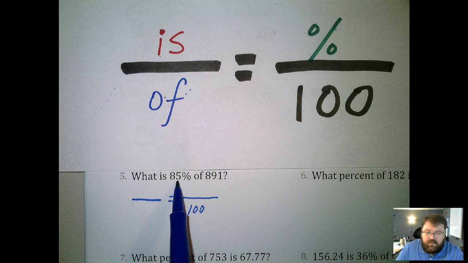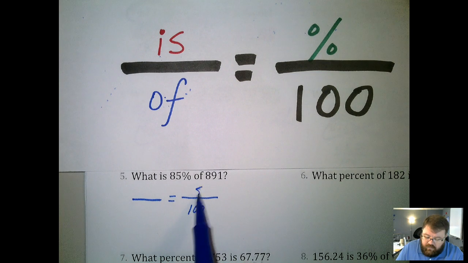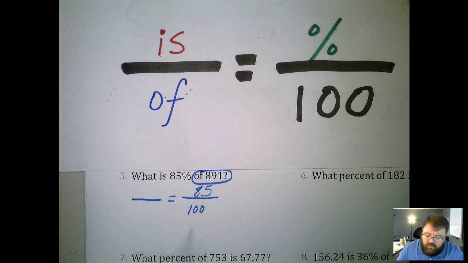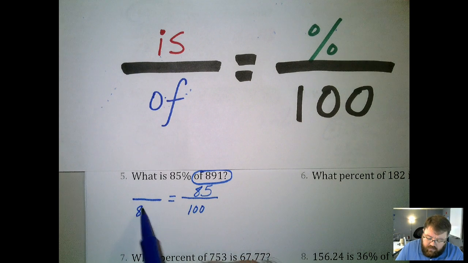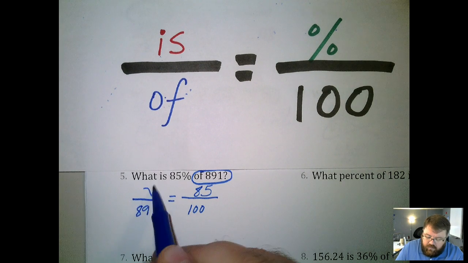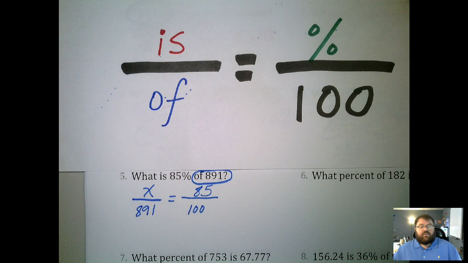You have a percent, which is 85, of 891. Hopefully, you said it goes in the denominator. And now we've got it set up. Now I want you to pause the video and answer the question. What is the value of x?